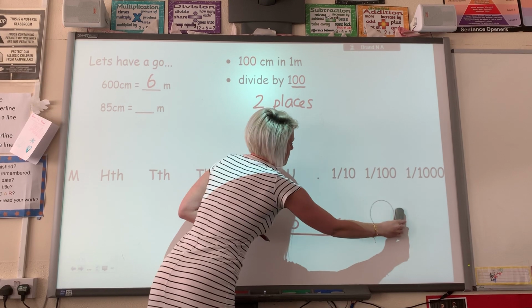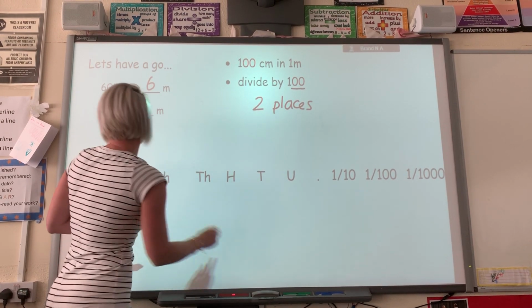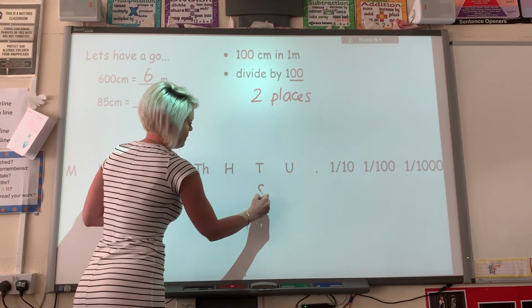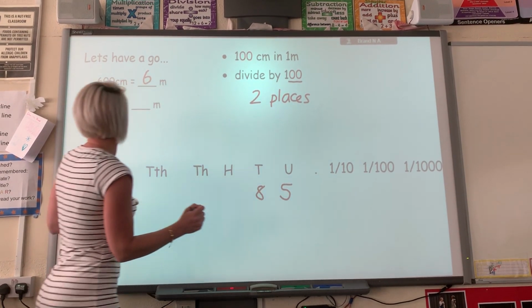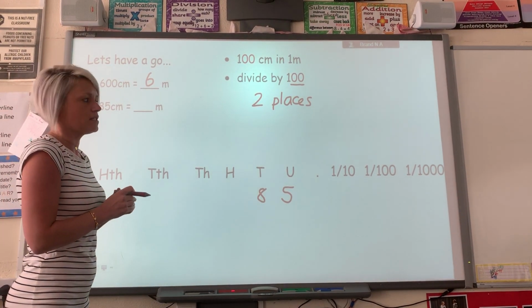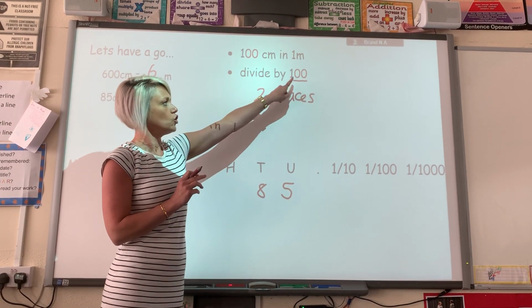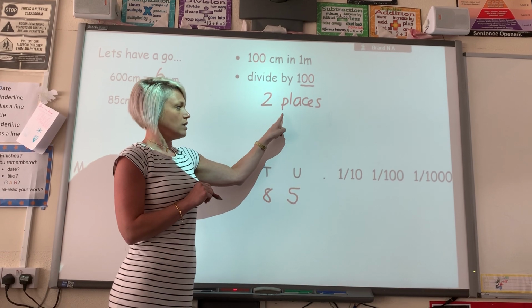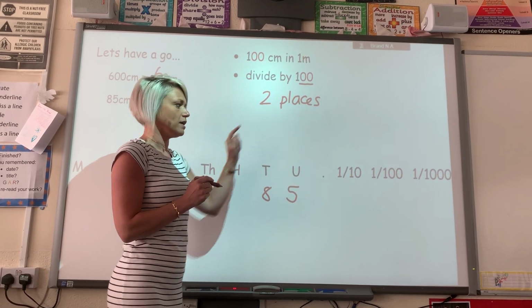The next question is asking us to convert 85 centimetres into metres. So again, we're dividing by 100 because there's 100 centimetres in 1 metre. So we're moving all the digits 2 places.